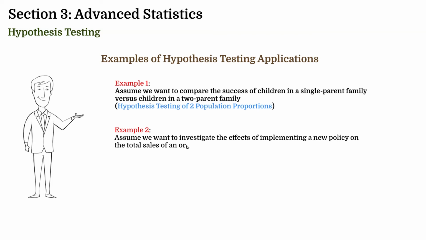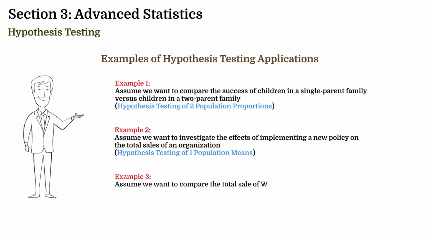This is hypothesis testing of one population mean. Example 3, assume we want to compare the total sales of Walmart and Target. This is hypothesis testing of two population means.